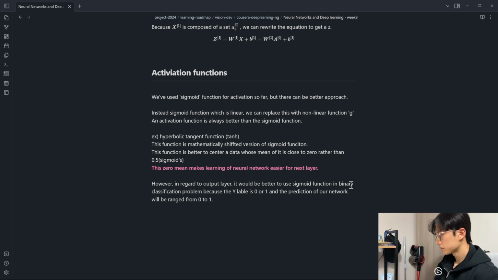You might use the sigmoid activation function for the output layer, so g of z2 here is equal to sigma of z2.